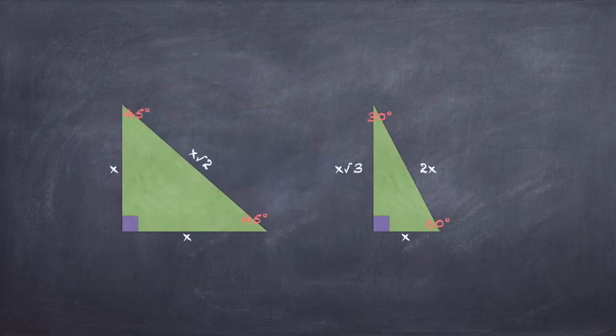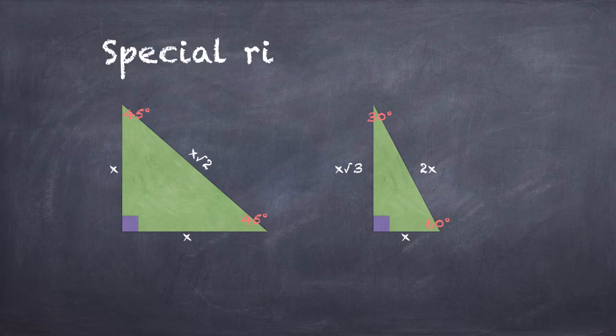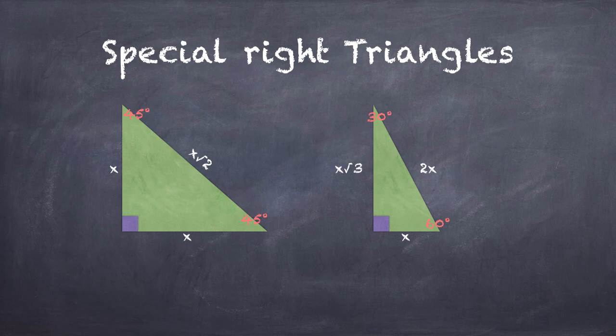Next, there are two types of triangles known as special triangles that have specific angle ratios that allow each of their sides to have a specific ratio. The two most common are 45-45-90 triangles and 30-60-90 triangles. In a 45-45-90 triangle, the two legs have the same exact length and the hypotenuse is equal to the side length times root 2.